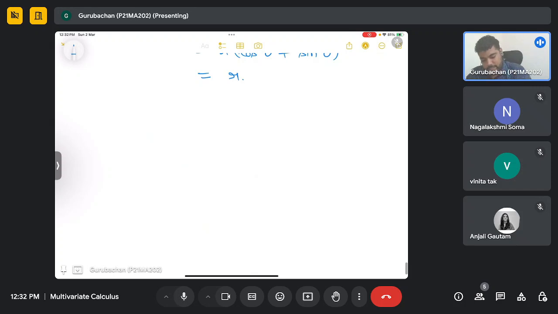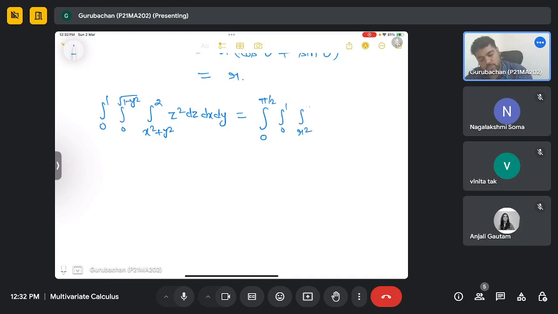So our triple integral, that is 0 to 1, 0 to root of 1 minus y square, and x square plus y square to 2, z square dz dx dy, will become 0 to pi by 2, 0 to 1, r square to 2, z square r dz dr d theta.